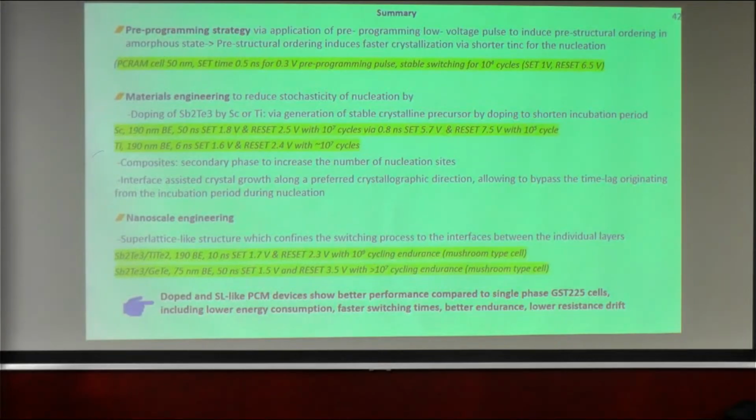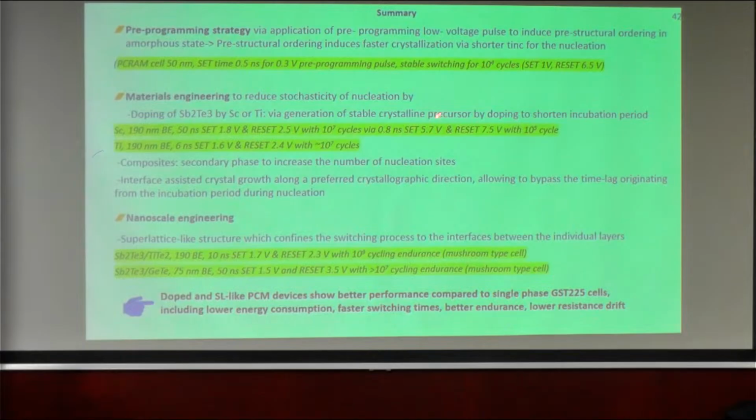Here we considered the introduction of scandium or titanium into the amorphous material, and both dopants stabilize these ABAB units. And as you know, these ABAB units act like nucleation sites to form the stable nucleus.